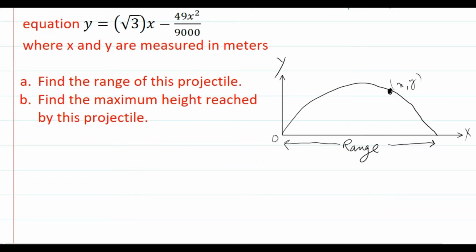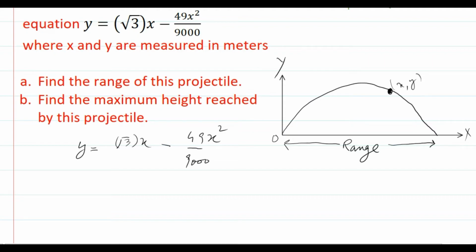So as you know, y is equal to under root 3 times x minus 49 over 9000 x square.